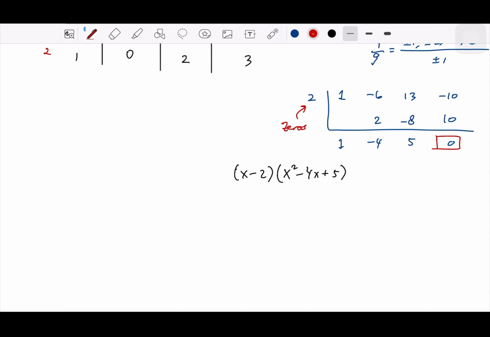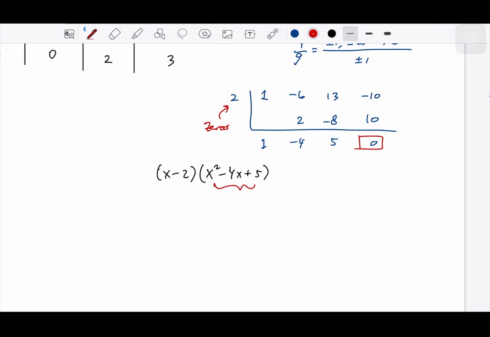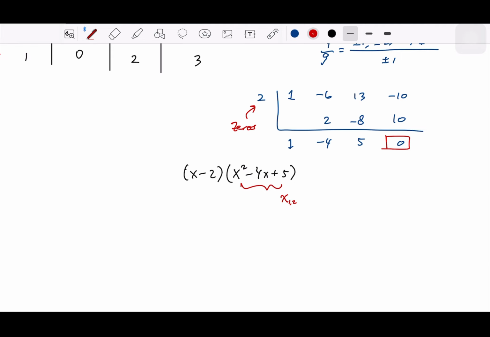We could try the quadratic formula from this formulation that I believe you're already familiar with, or we could use completing the square.